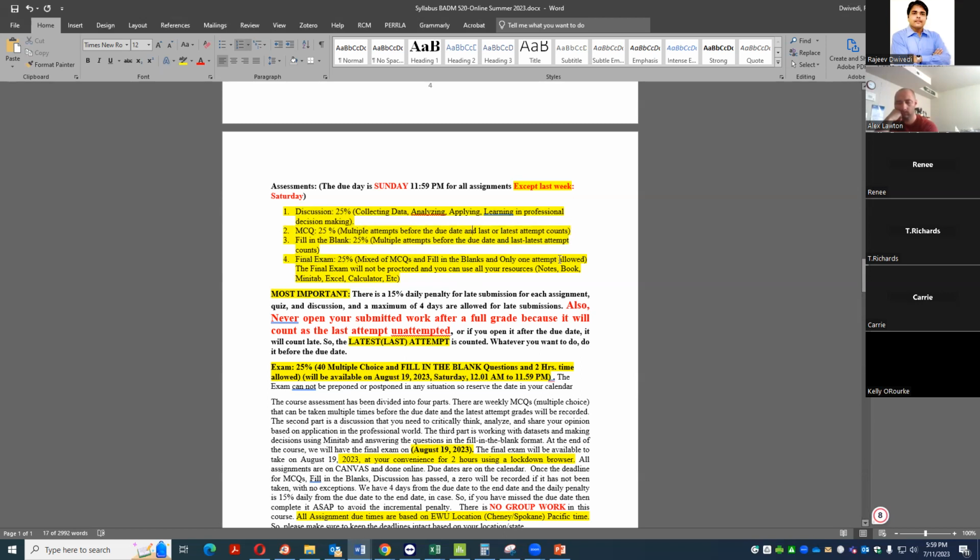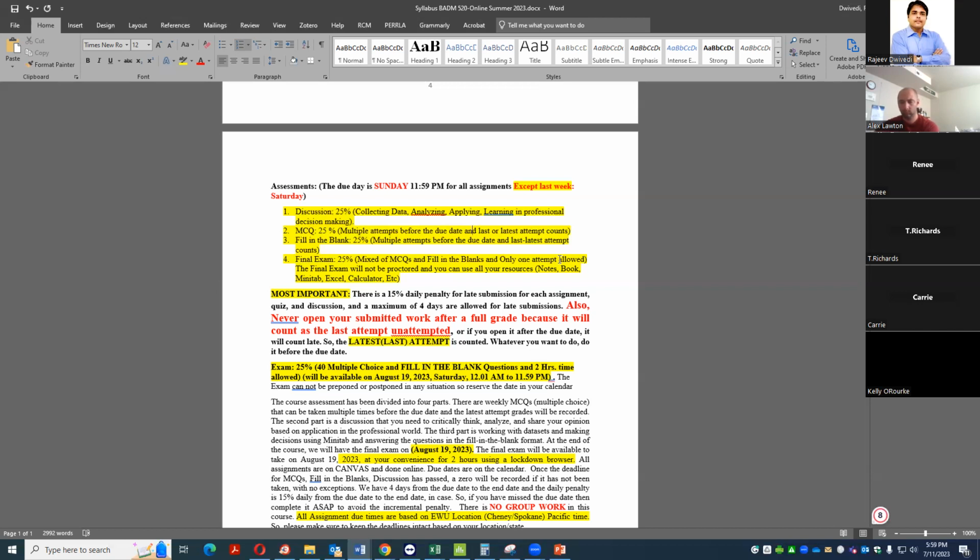One more thing that you must note here: after the due date, please don't open the assignment because it will count towards a late penalty. I don't have any option that I can set. After the end date, if somebody opens it, it will not count.